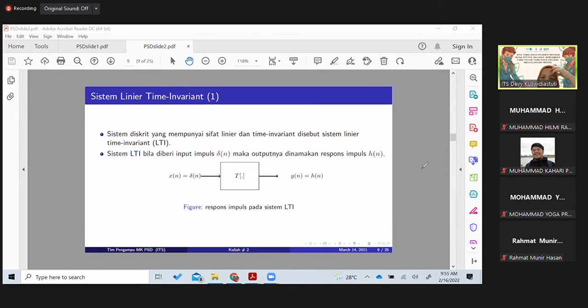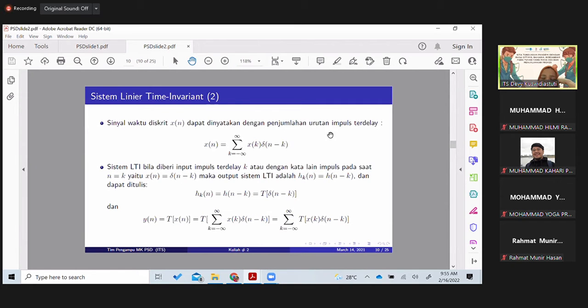So if we want to know what the system does, you can understand it by knowing the impulse response of those systems. Then how could we get this impulse response? These are the steps. For example, here we have an input discrete time signal x[n], which is defined by this equation.